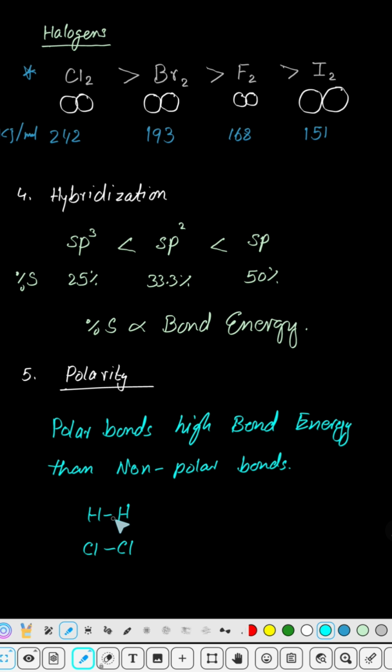These two bonds have lower energy than a polar bond between hydrogen and chlorine, because here a polar bond is formed, due to which electronegativity difference arises and bond energy increases. Both the bonds in hydrogen-hydrogen and chlorine-chlorine are non-polar. They have zero electronegativity difference, so their bond energy is low compared to HCl.